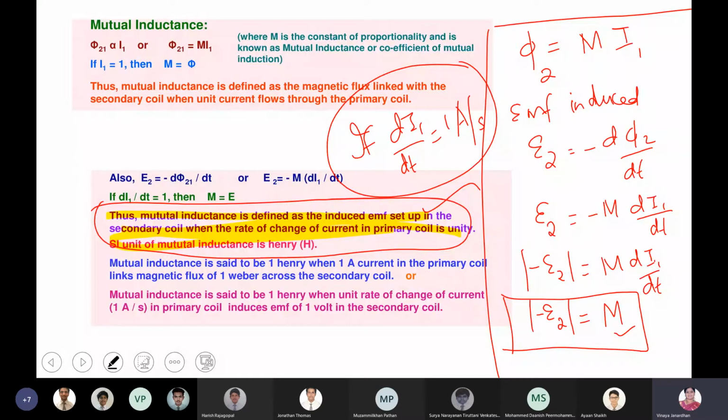Write this formula. So what is phi 2? Phi 2 is the magnetic flux linked with the secondary coil. It depends upon how much current is flowing in the primary coil. So complete this and then start writing the statement which is being highlighted.